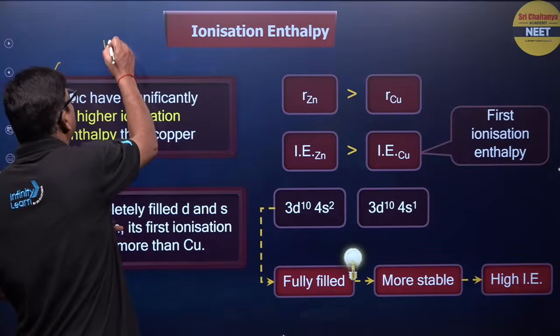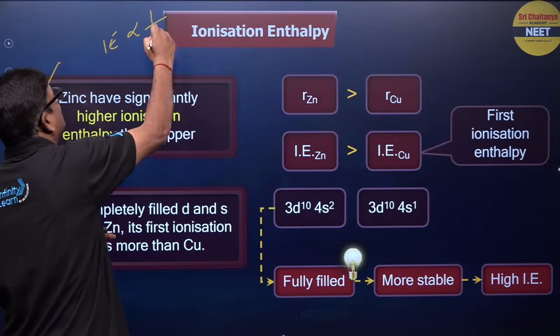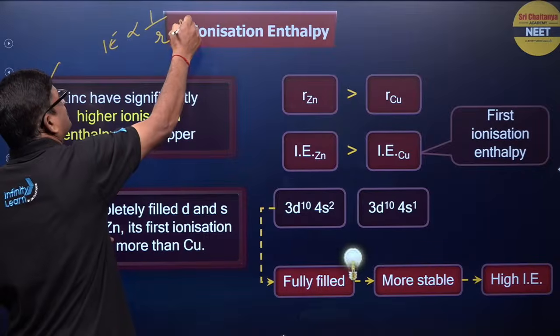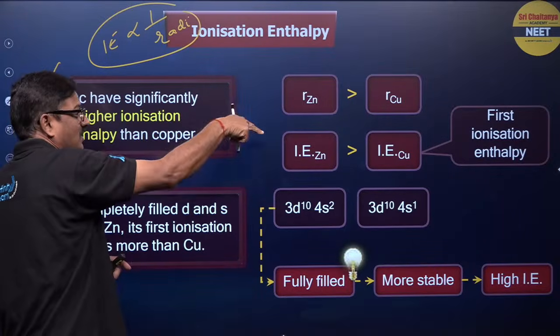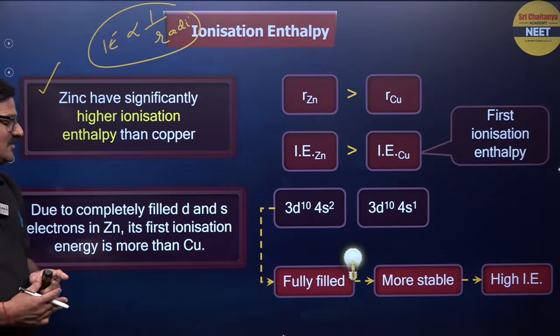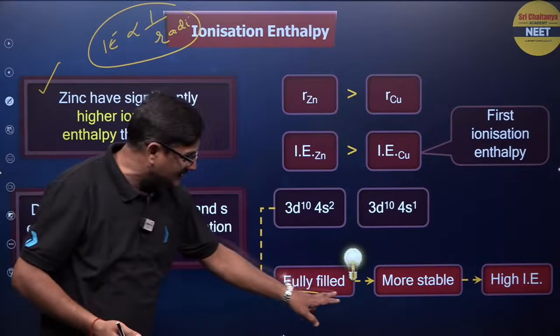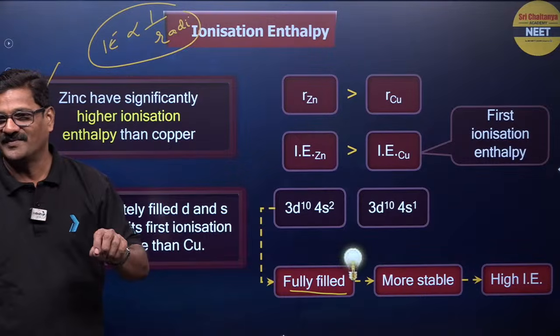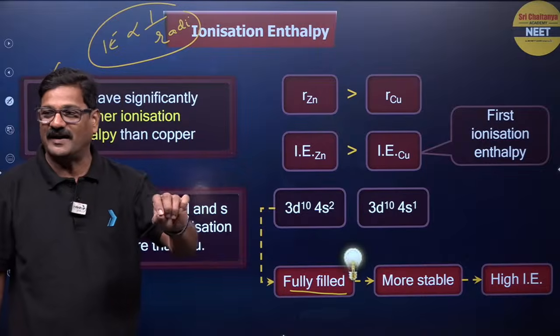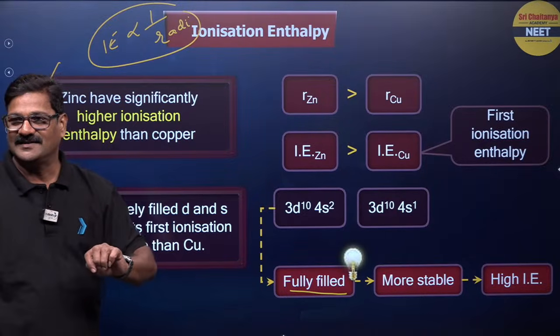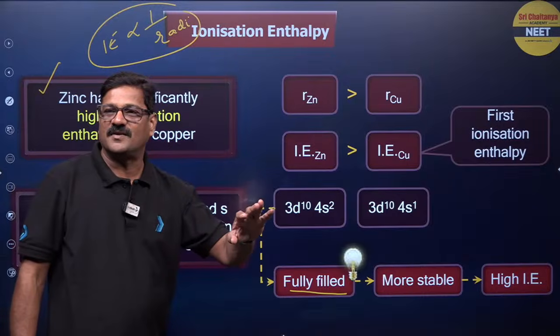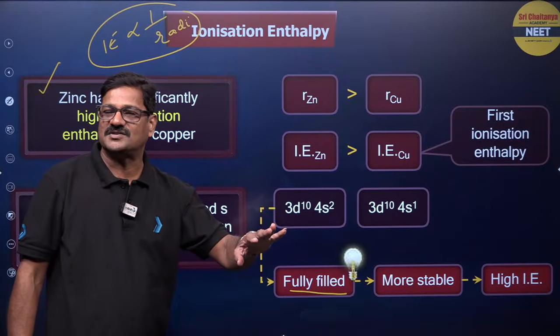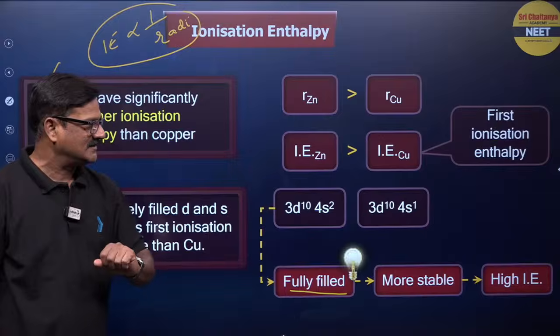But we know ionization energy is inversely proportional to radius. But here it works the opposite way, as fully filled configurations give more stability. Electronic configuration is also a factor. There are so many factors that influence the stability and the ionization energy of the electron.